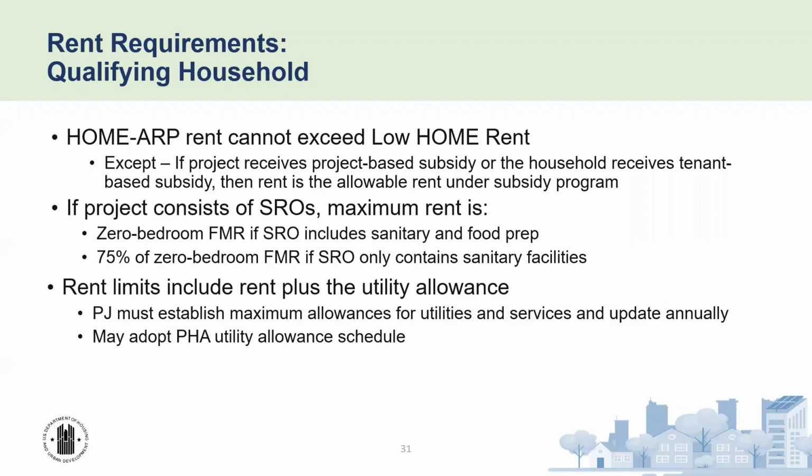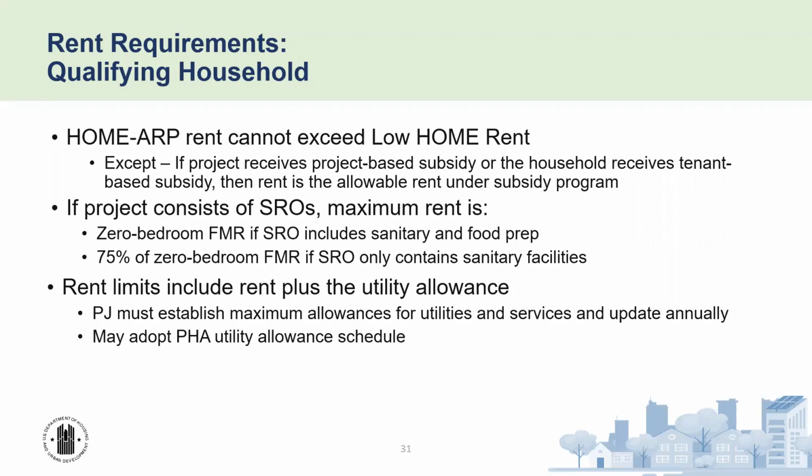If a project consists of SRO units, the maximum rent depends on whether the unit includes only sanitary facilities or includes both sanitary and food prep facilities. So if the SRO includes both sanitary and food prep, the maximum rent is the 0-bedroom FMR published by HUD. If the unit only includes sanitary facilities, the maximum rent is 75% of the 0-bedroom FMR.